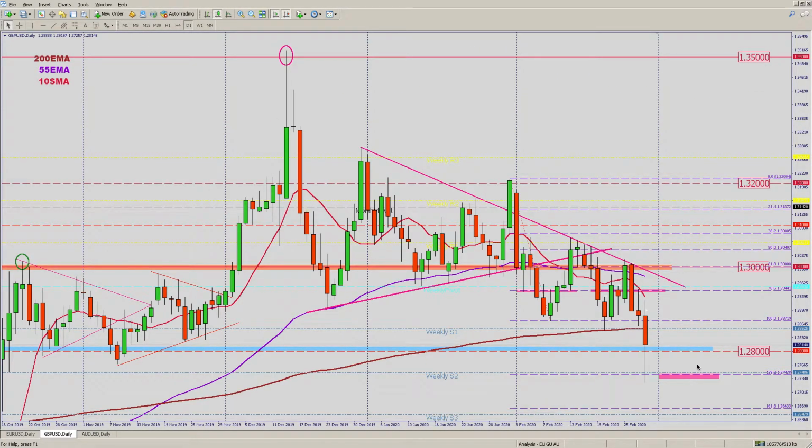Alright, if not, and it does not break above the daily 200 EMA around the 128.50, then it's going to retest the swing low for the last week, and we'll see whether it's going to breach that and target the 162 fib extension level at 126.63. Okay, we'll also watch out for what the new weekly pivots are Monday.